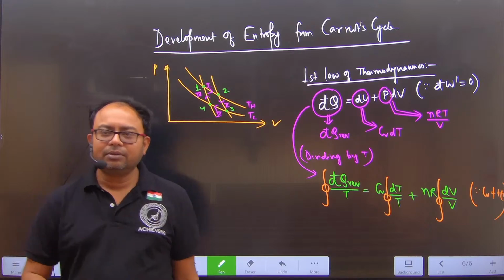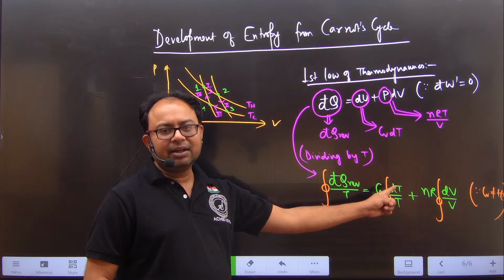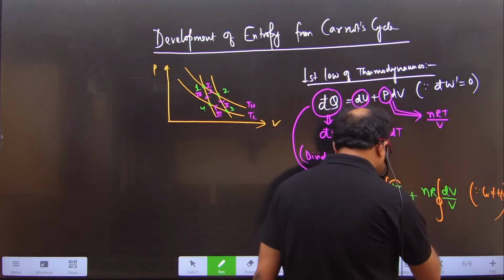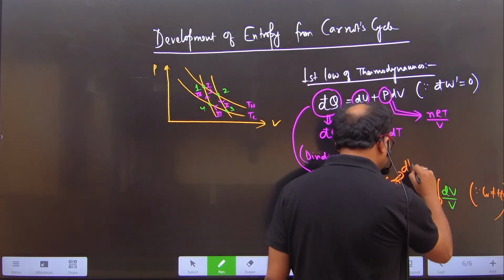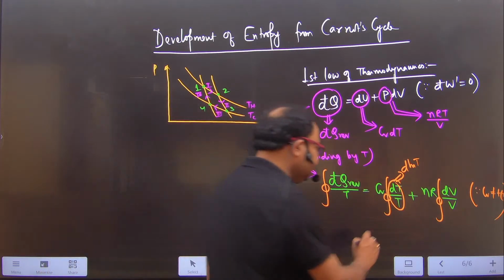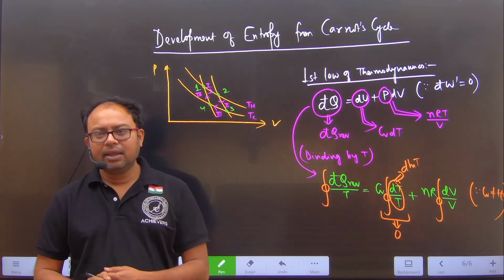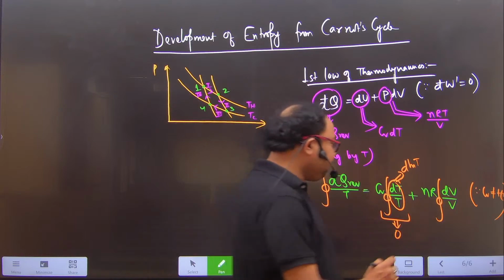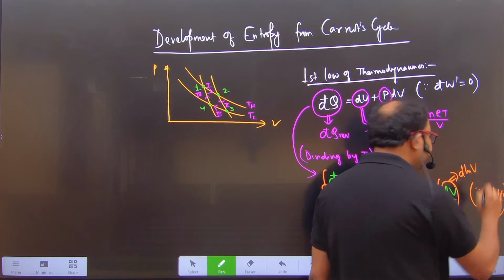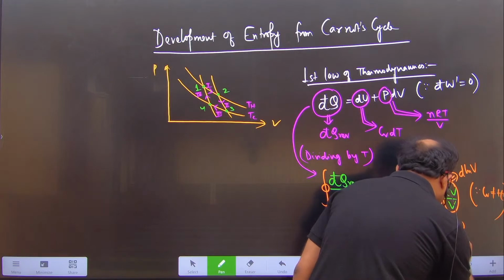Now students, T is a state function. If T is a state function, then the cyclic integral of dT by T, or the cyclic integral of d ln T, is 0. So this term must be 0 since T is a state function. Similarly, as V is a state function, the cyclic integral of dV by V, or the cyclic integral of d ln V, is again equal to 0.